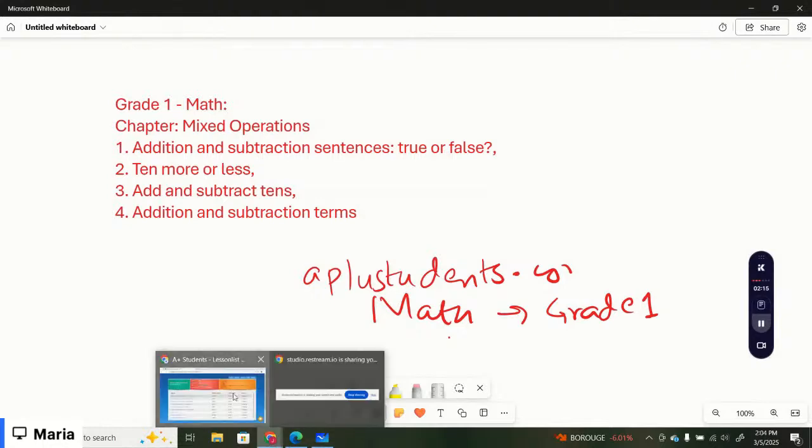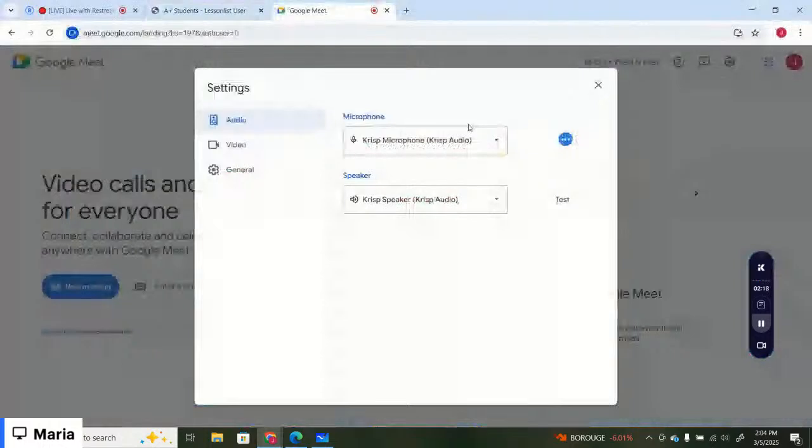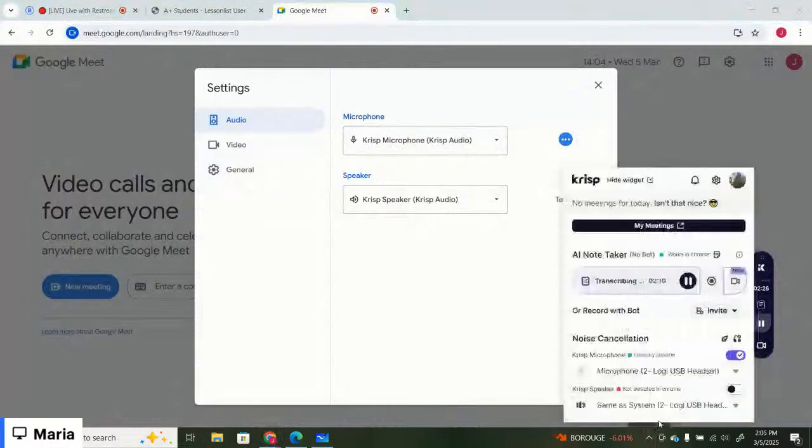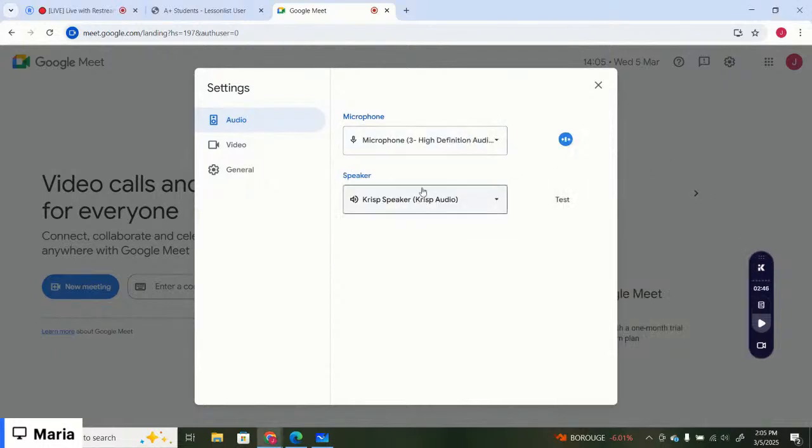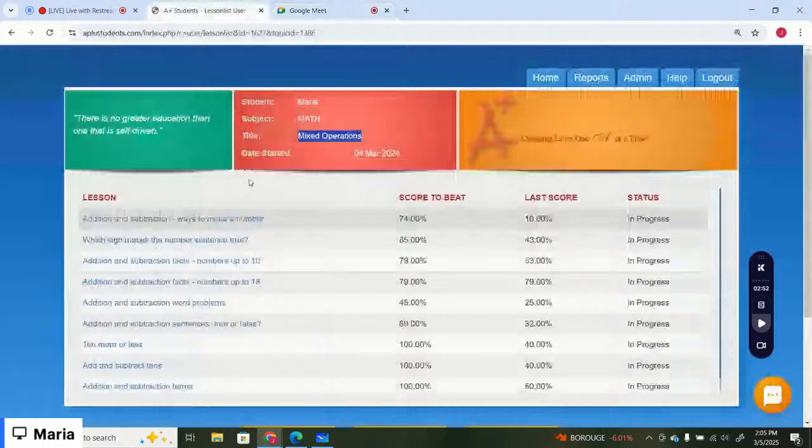You can find a list of the chapters. We're going to start with the chapter mixed operations.